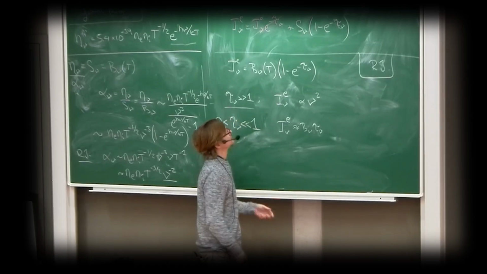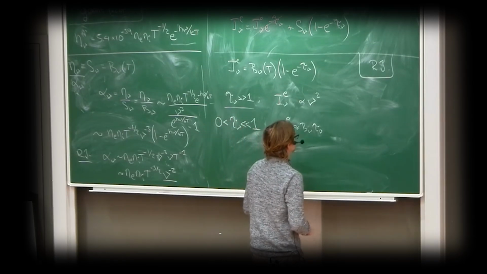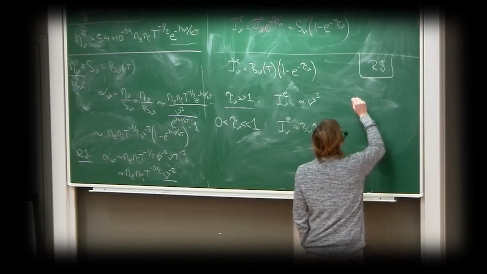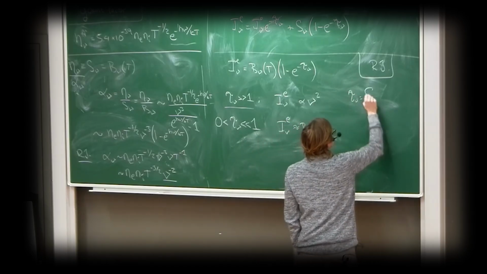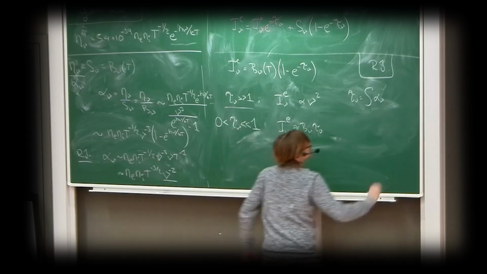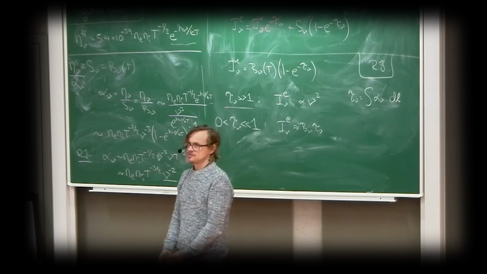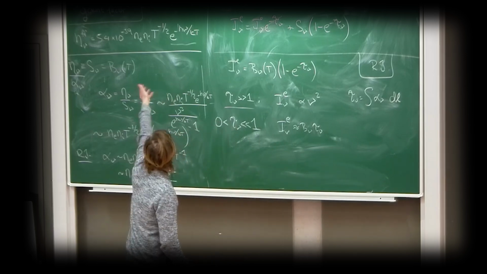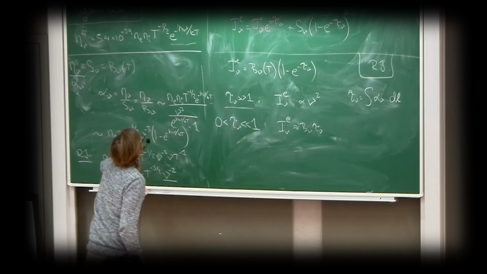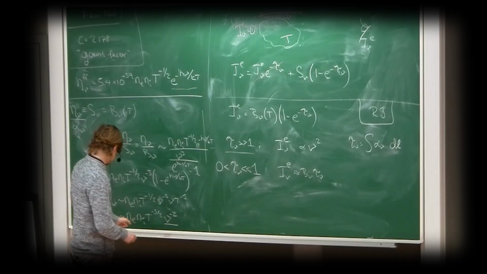Let's Taylor expand that. So B nu we know. Tau nu is our extinction coefficient times the length of the slab. And now we make the assumption that, again, it's a homogeneous slab, which means that for a given frequency, the temperature is constant, right?